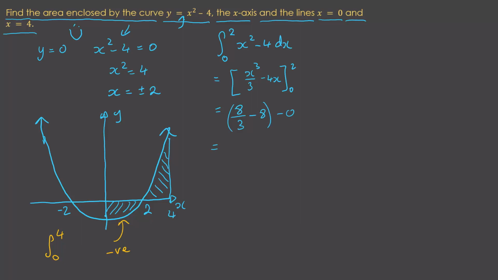So that's 8 over 3 take away 24 over 3, which is -16 over 3. Now, if I label these as area 1 and area 2, I can now say that area 1 is 16 over 3 square units.